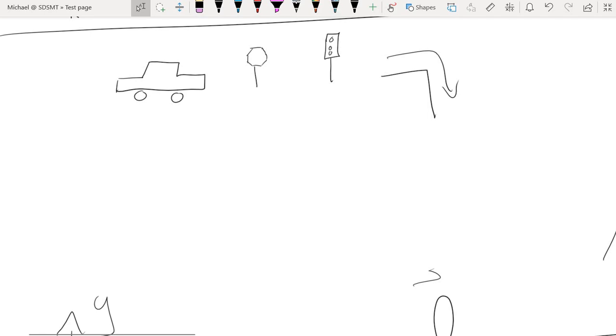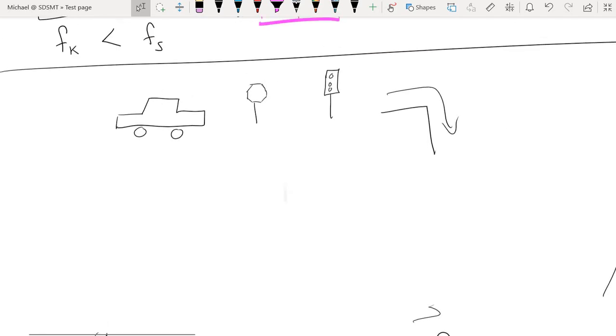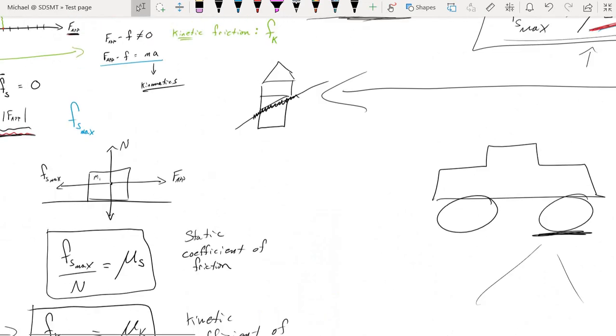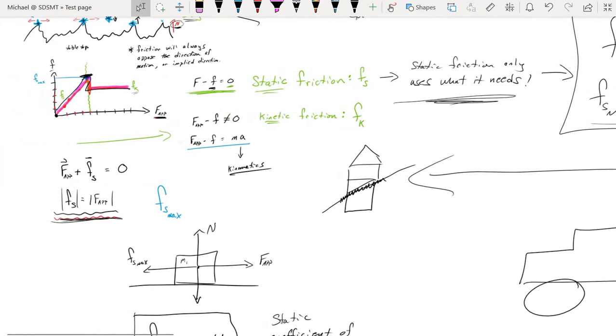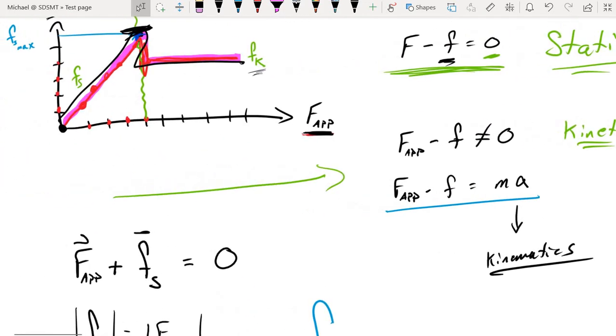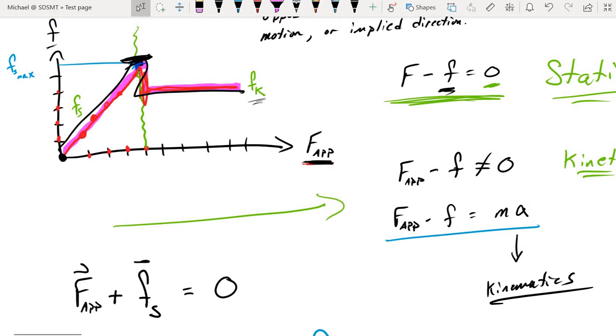And because of that stop, go, stop, go motion, you're constantly having to overcome the maximum static friction force between the tires and the road.